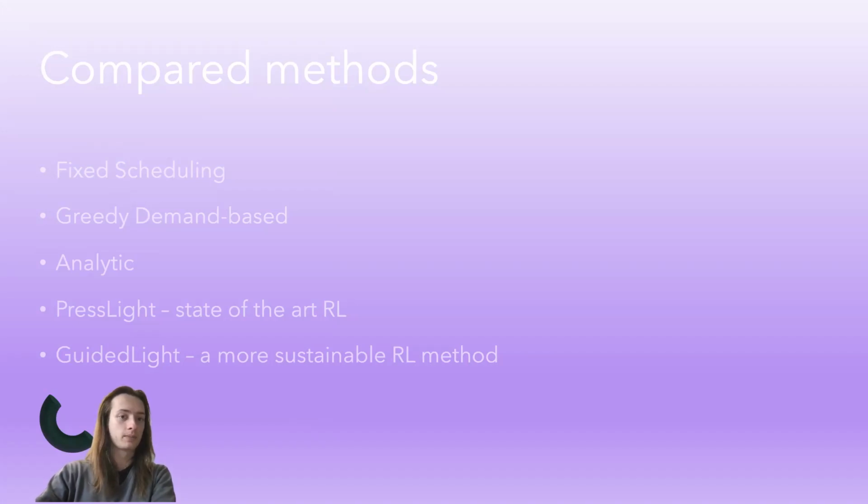And one reinforcement learning method, press light, and another one that will show to be more sustainable, guided light. And it's worth mentioning here that the adaptive methods, so that would be all of them except for fixed scheduling, operate on the level of a single intersection. So in that sense, they're decentralized.